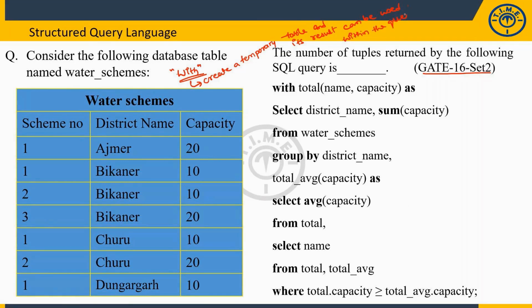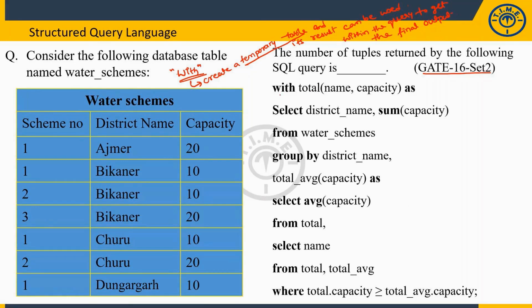Within the query, only that result will be used to get the final output. So it is just like divide and conquer. Means a query is going to be divided into multiple subqueries. Each query is going to give you the temporary table, and that temporary table result can be used in the same query to get the final output.